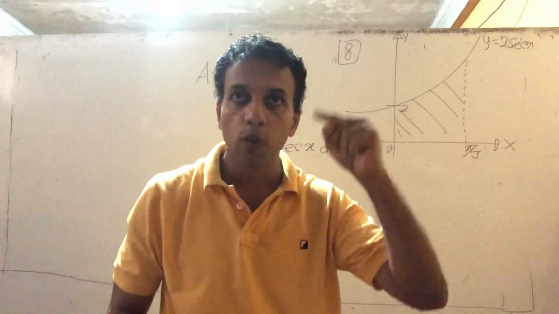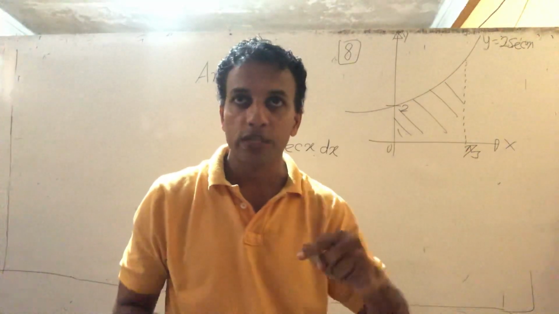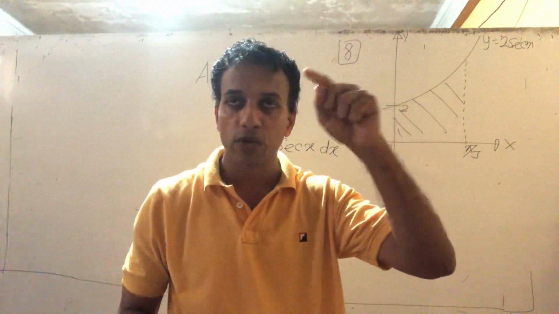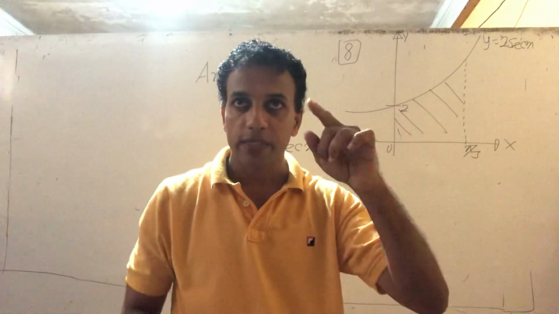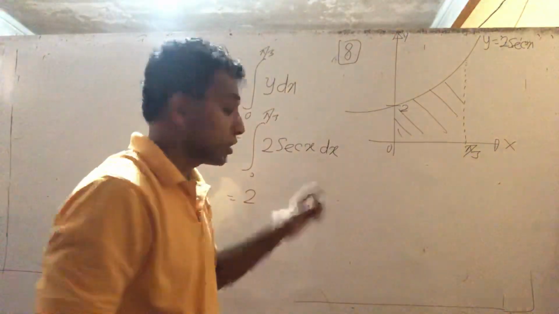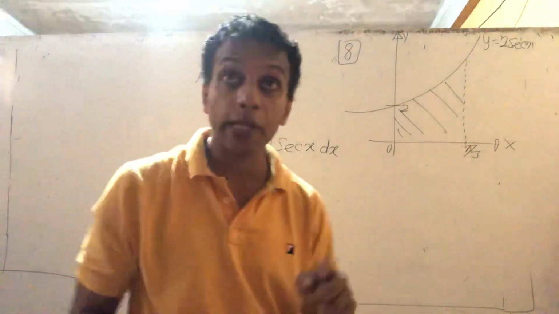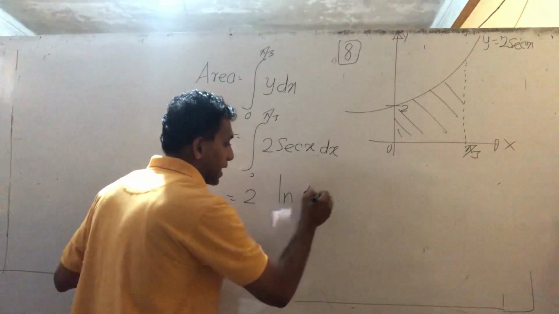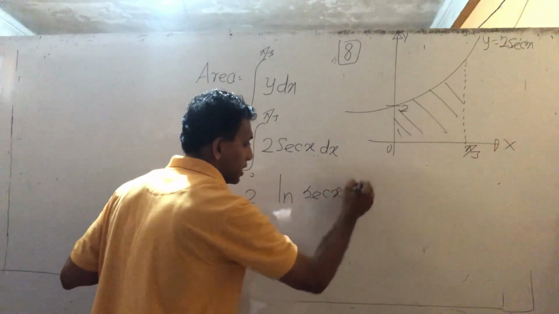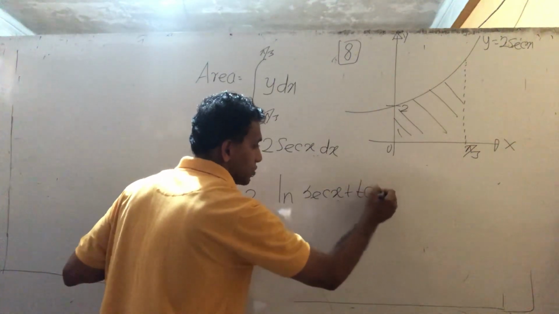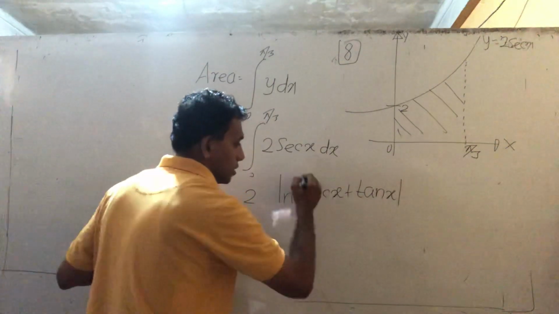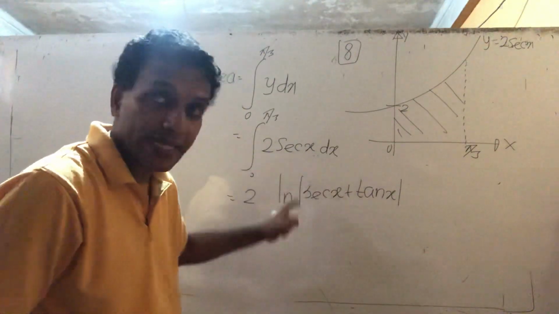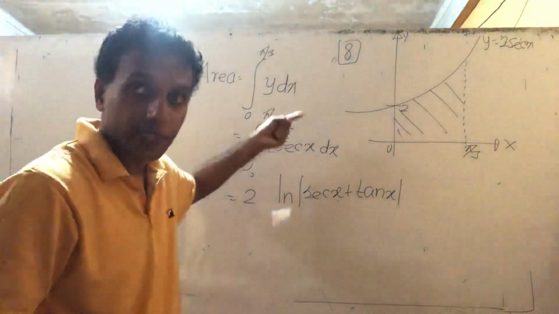Sec means 1 over cos x; if you multiply up and down by sec x plus tan x, you get the logarithm form. The answer is log of sec x plus tan x. That's the theory part. Or if you differentiate it, you can see it gives the integrand.